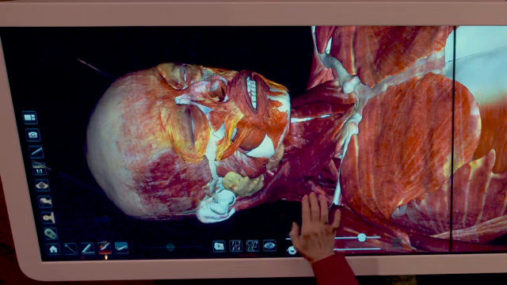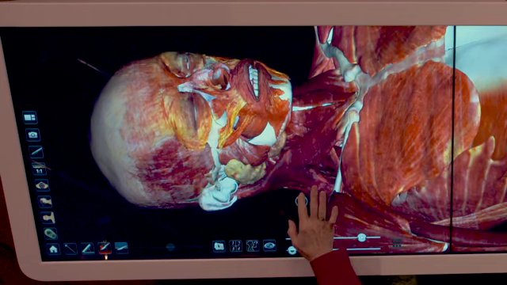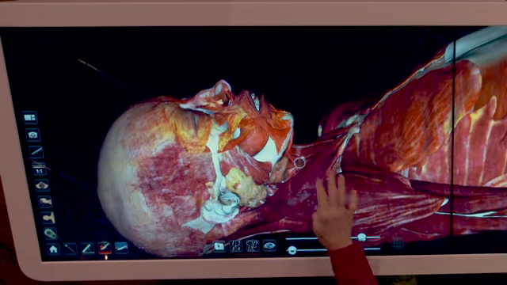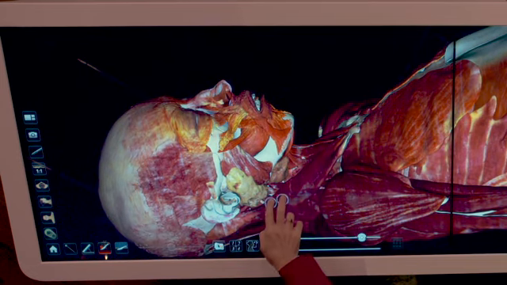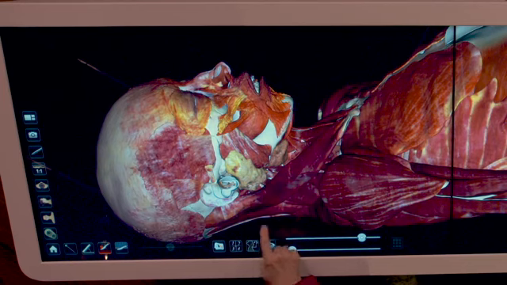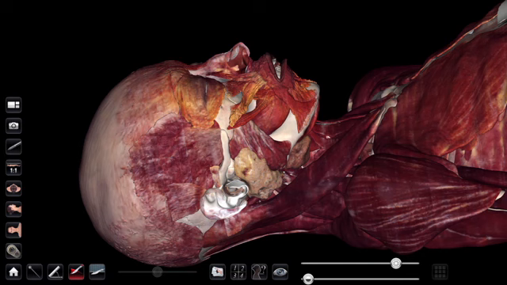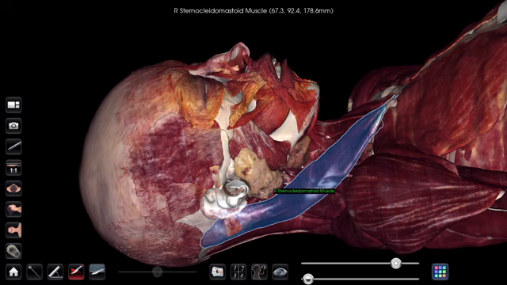Now let me turn a little more to the side, and we can see trapezius posteriorly. We'll cover it more with the back of the neck, but these two muscles, trapezius and sternocleidomastoid, are both supplied by cranial nerve 11, the spinal accessory nerve.